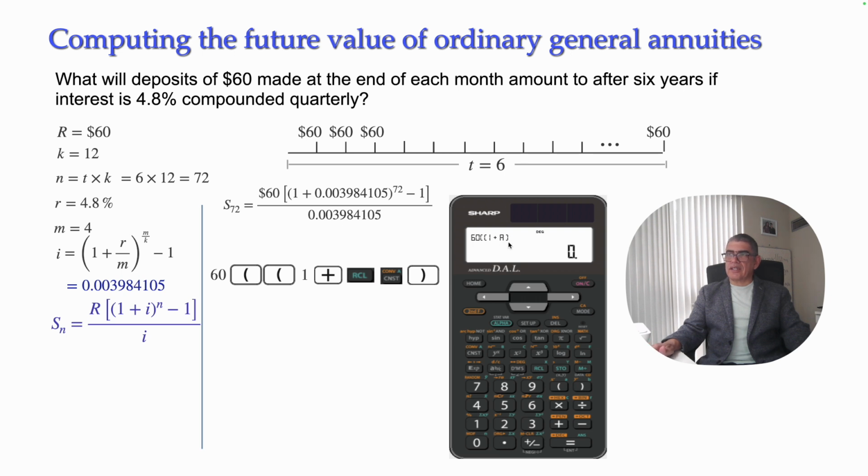And you notice that in the screen of the calculator appears the letter A. We're actually writing what we have here, 60 bracket 1 plus I, but this I is actually the number in the memory of your calculator. You use A as a memory. Okay, to the power 72. And then minus 1.